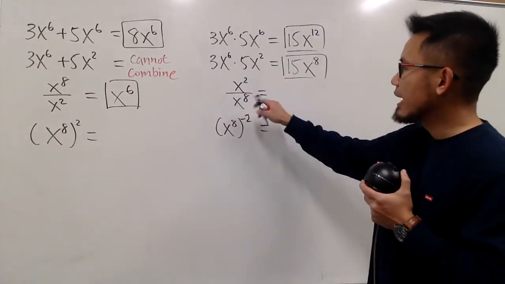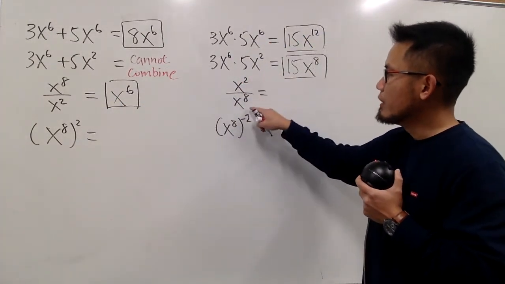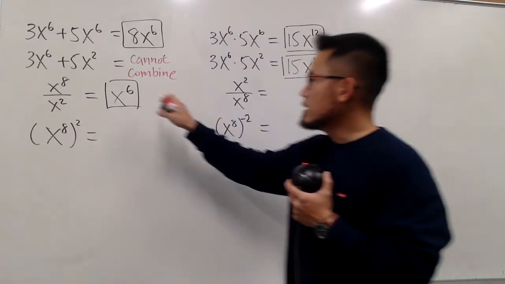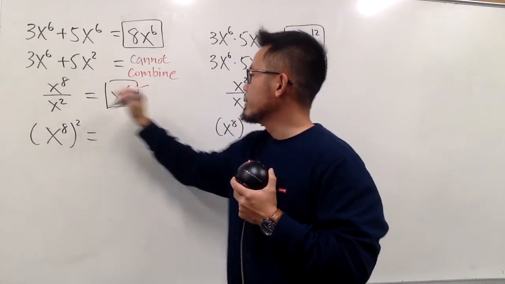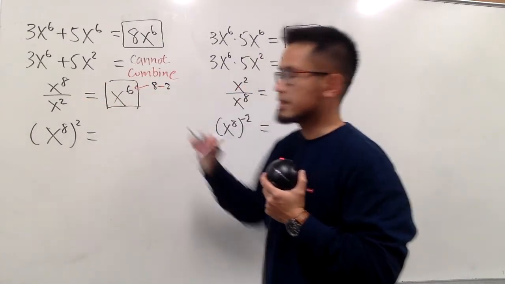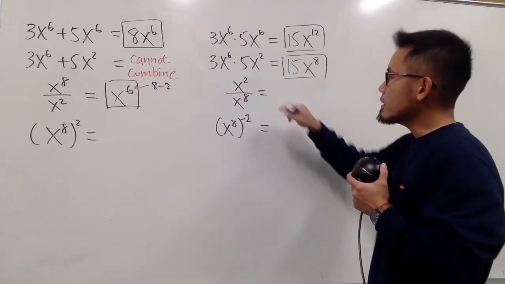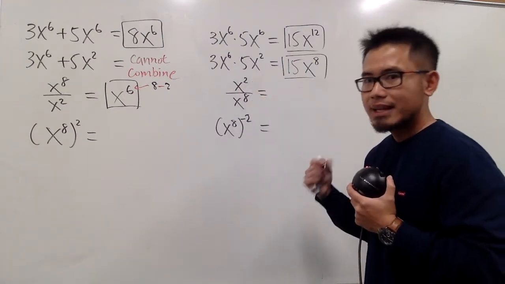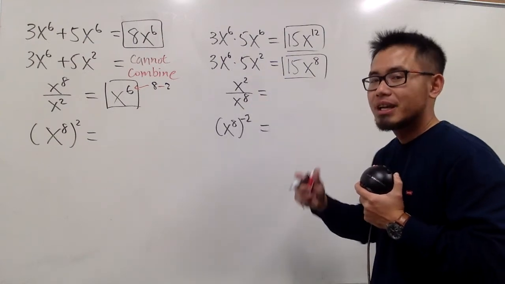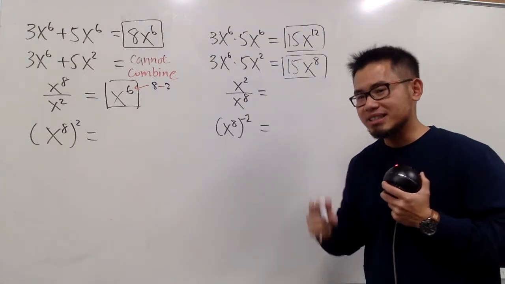Well, in this case, we have x squared over x to the 8th. We still subtract. Earlier, we did 8 minus 2, and that's 6. But now, 2 minus 8, that's the correct order: the top exponent minus the bottom exponent. 2 minus 8 is negative 6, okay?